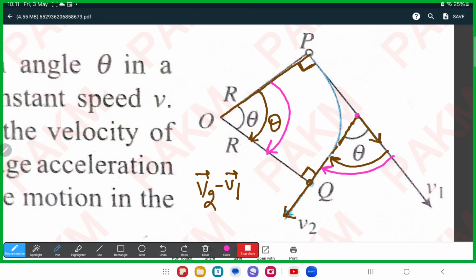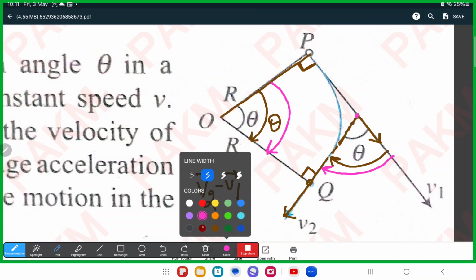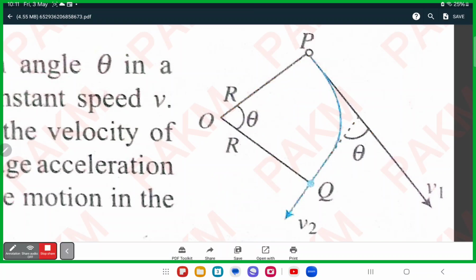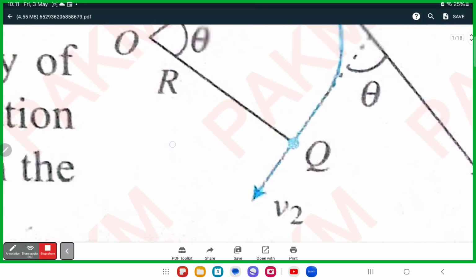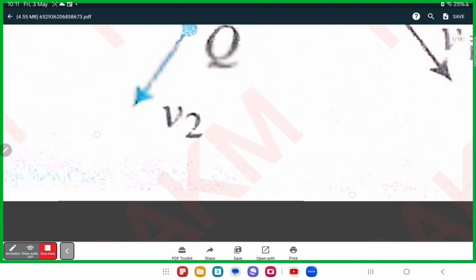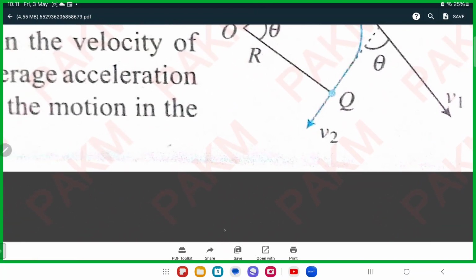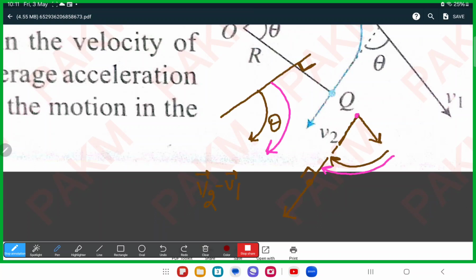Now we have to calculate v2 minus v1, so we will use simple vector algebra. The v2 direction remains as it is. Let me show you how to draw these velocity vectors.